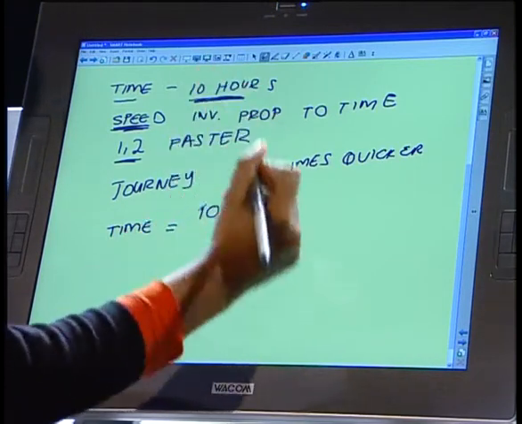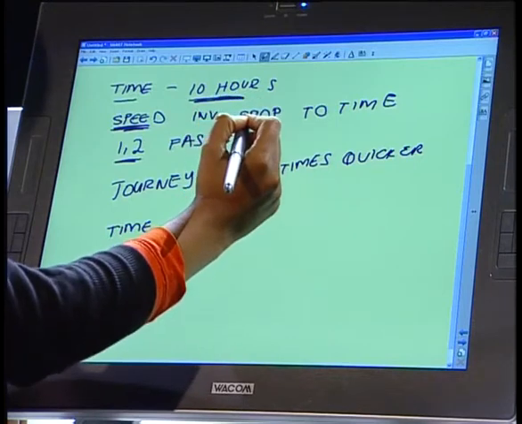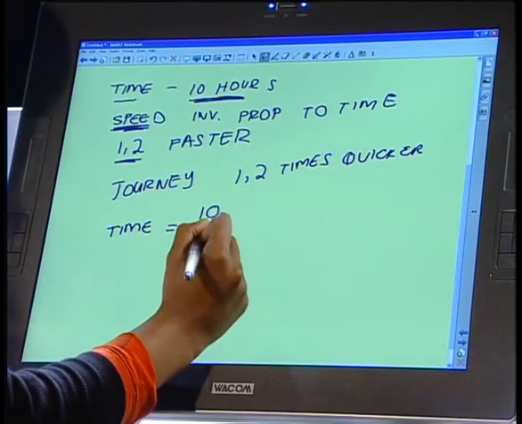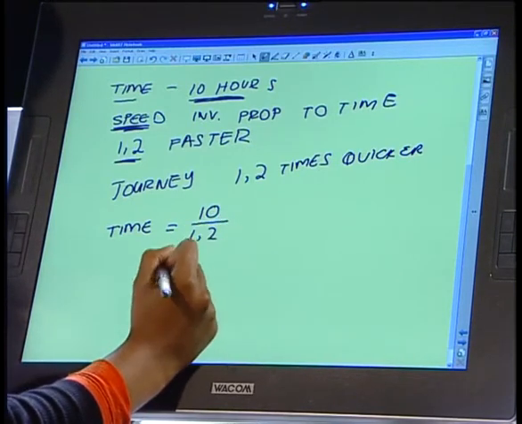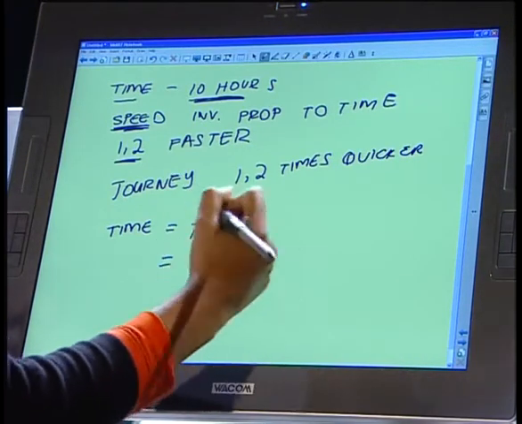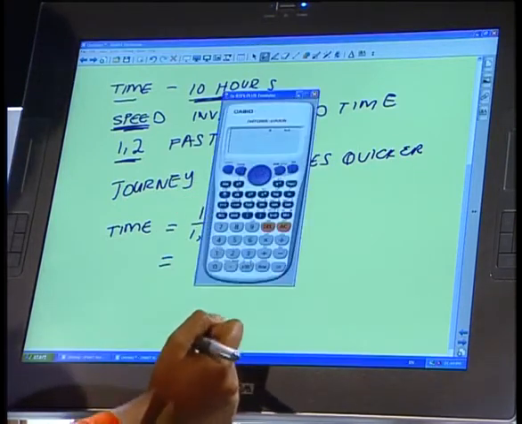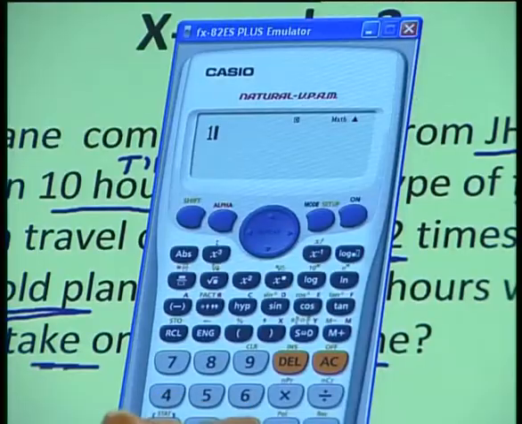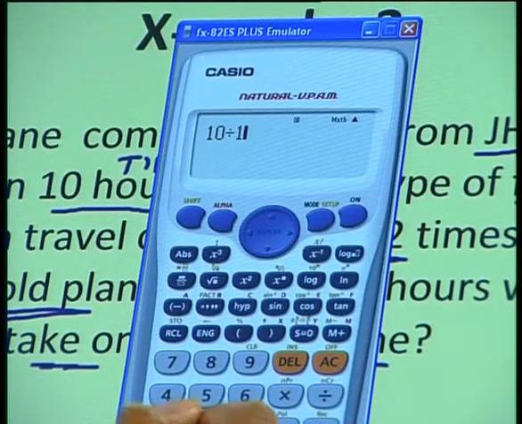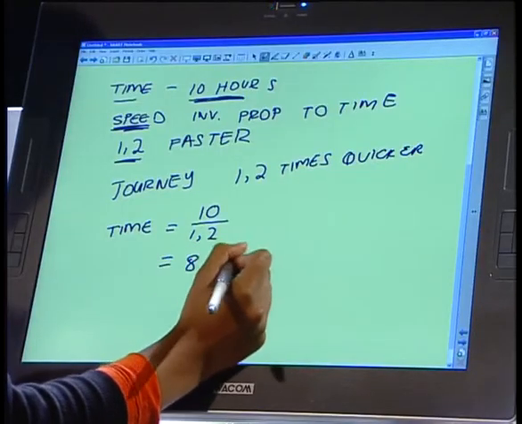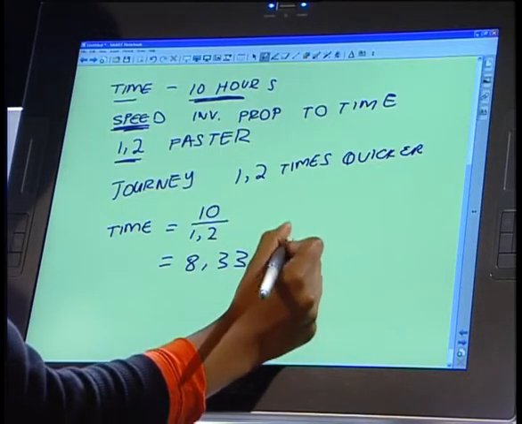So it's the same journey, we've got a faster plane, so our 10 hours divided by 1,2 will tell us how much quicker this journey is going to take us. All right, so we've got 10 divided by 1,2 on our calculator, and that gives us an answer of 8,33 hours that it will take.